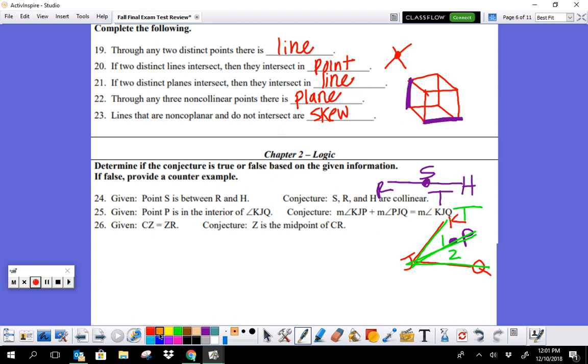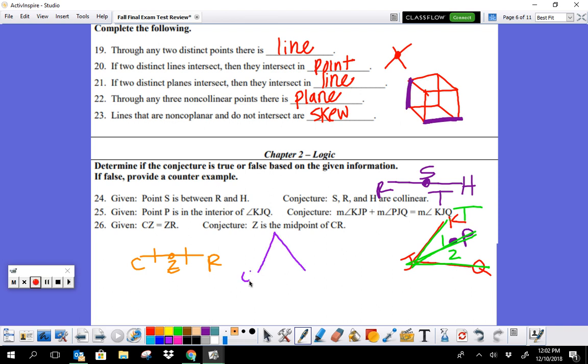Okay, and then this next one, given CZ equals ZR, the conjecture is Z is the midpoint of CR. Well, that could very well be true. I could have this line CR with Z in the middle, and this piece is equal to that piece. Or think about, we've been looking at quadrilaterals. I could have something like this.